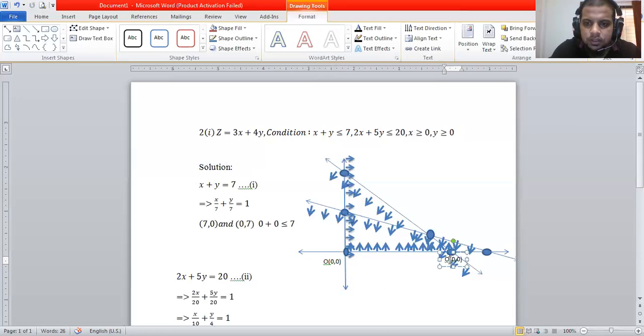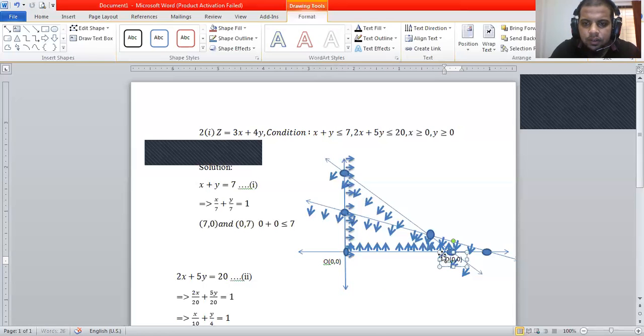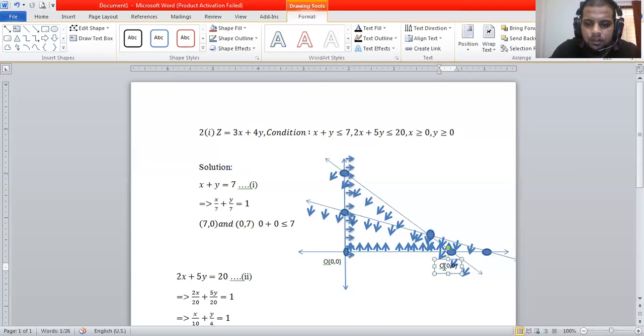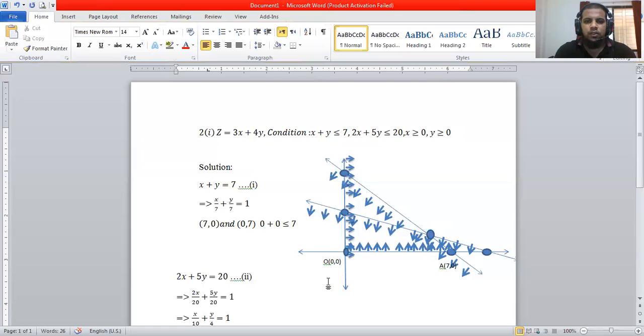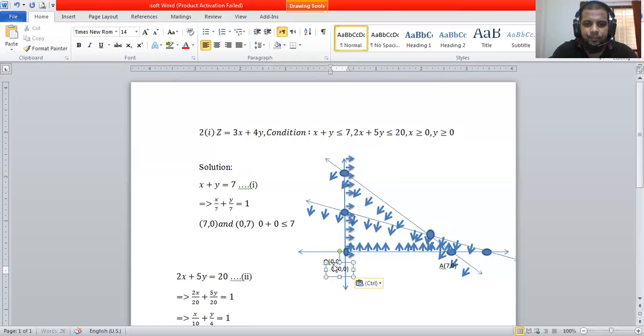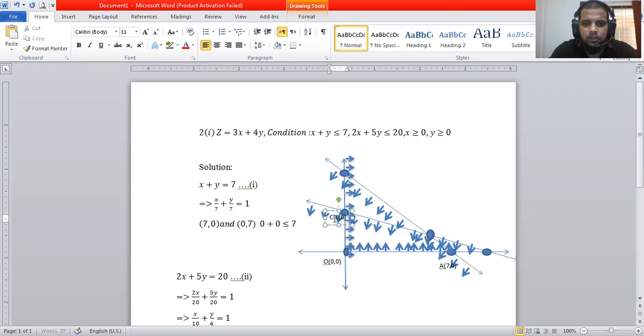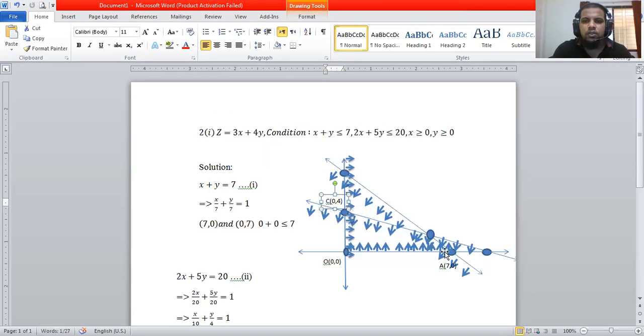For example, it is A 7 0, and we have to find out this point. We know the point, and it is 0 4. So OAB, for example C is 0 4.